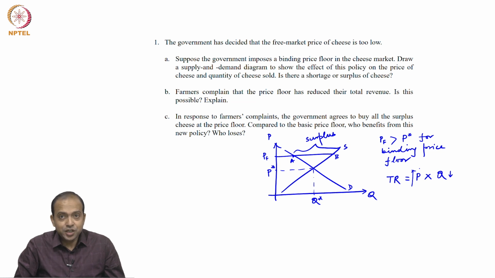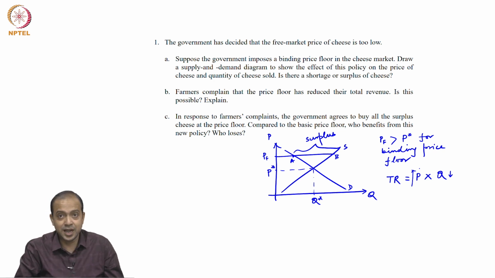Now, look at the nature of the product. Here we are discussing cheese. Generally, we have discussed earlier that agricultural products are inelastic in demand. But here the product we are talking about, cheese, the demand for cheese is basically elastic in nature, because if there is a price increase, we may think of reducing the demand for cheese to a larger extent.